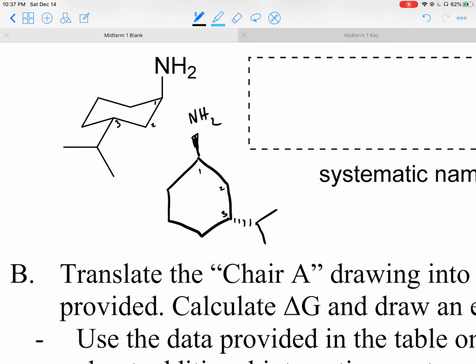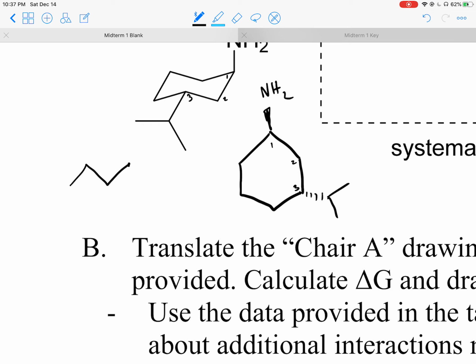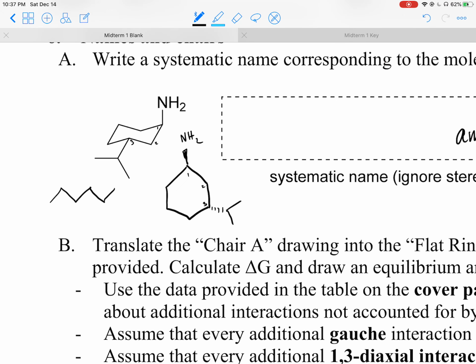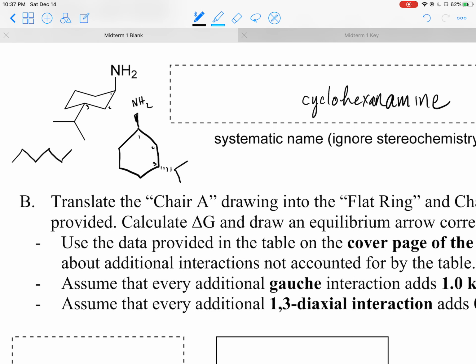If it was just a straight line, 1, 2, 3, 4, 5, 6, that would be a hexane, but this is in a cycle, so it is a cyclohexane. So it's going to be cyclohexanamine as our main part of the molecule.